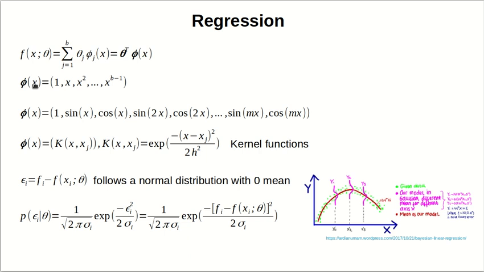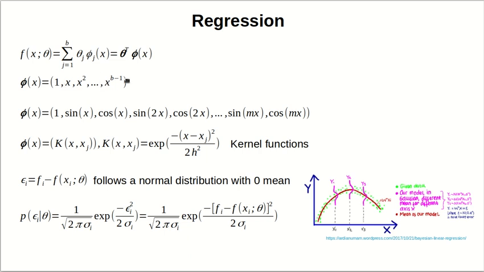Here we're treating x as a scalar, a one-dimensional problem, but you can extend it to multiple dimensions without too much trouble. So suppose x is a scalar, then the basis functions could be x to the 0th power, which gives you 1, then x to the first power, x to the second power, up to x to the b minus 1th power, depending upon how many basis functions you are going to use.